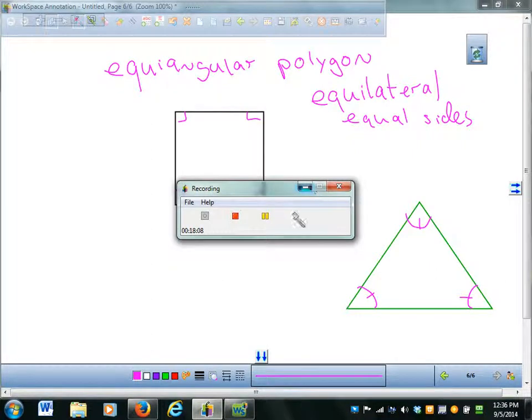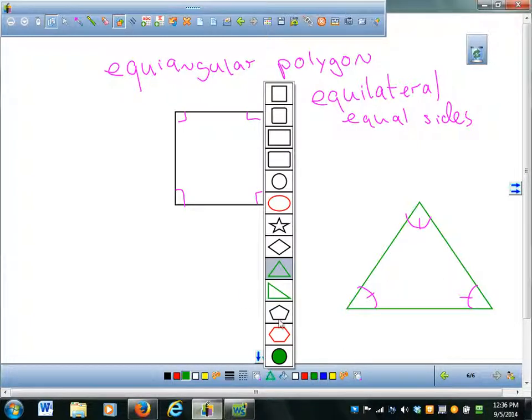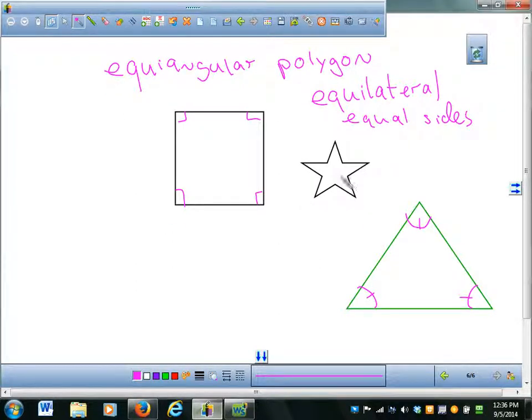Oh, I want my shape tool. Oh, here's my shapes. How about this? All the sides appear to be equal?